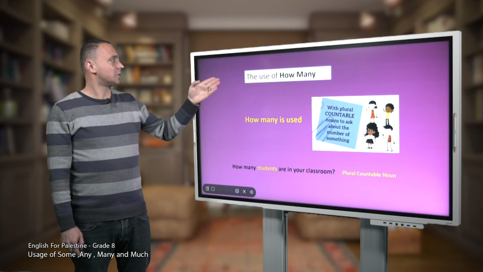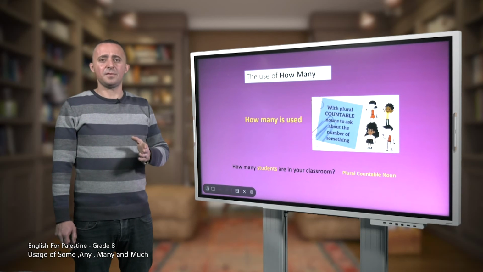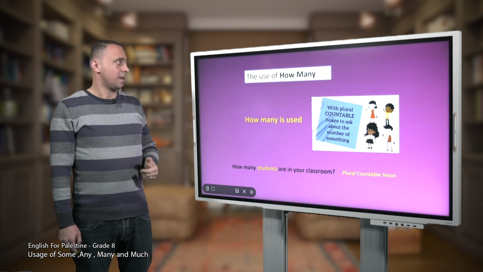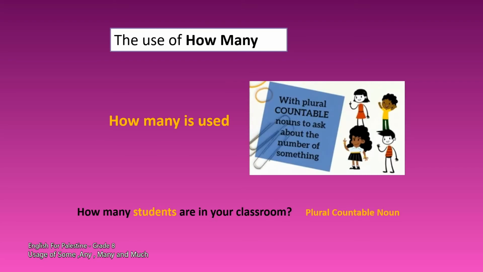What about the use of how many? As you have just seen, dear students, how many is used with plural, countable nouns to ask about the number of something. Let's see this example.